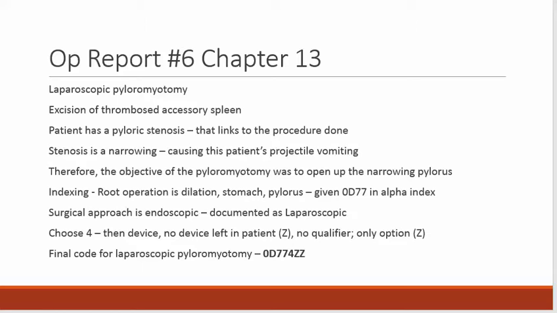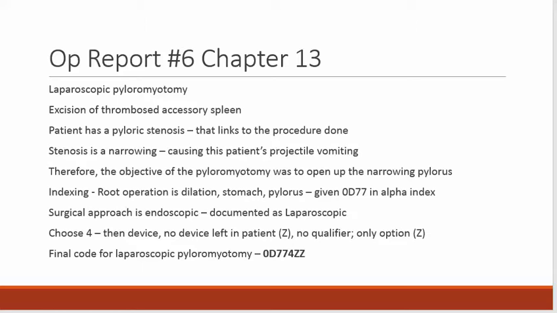Additionally, this patient has an excision of a thrombosed accessory spleen. So if we look at the clinical diagnostic information, again, this patient has a pyloric stenosis. A stenosis is a narrowing of a particular area of the stomach. So this patient is going to have what's called a pyloromyotomy, which is going to open up that narrowing pylorus.